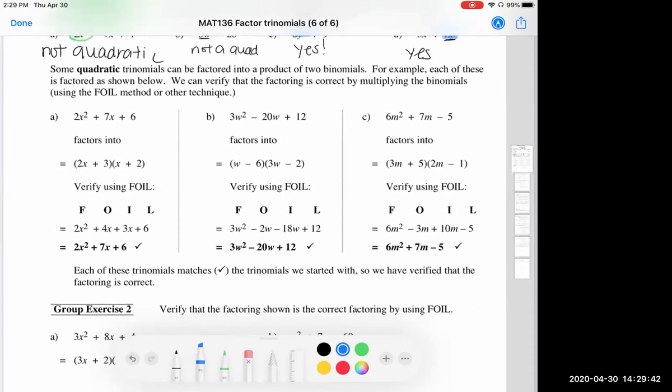So here it's telling you that this is what we're starting off with, and then it tells you that it factors into this. But then it goes on to say that you can verify your work by multiplying it out, or FOIL. And you see that what you end up with is exactly what you got in the beginning, right?